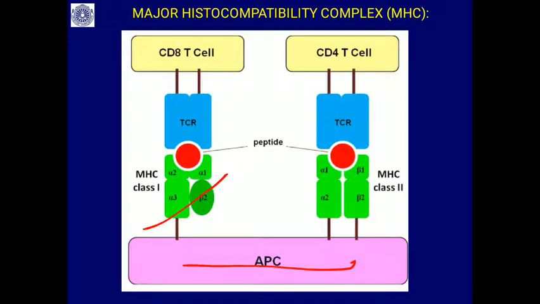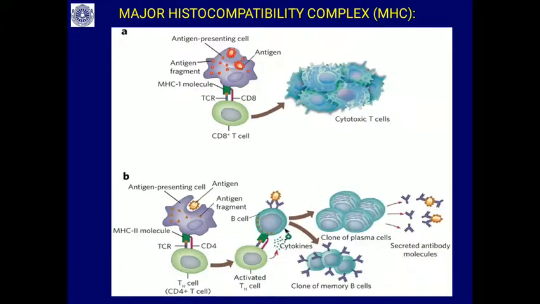These are the MHC molecules, the major histocompatibility complex 1, and this is the 2. The 2 will be recognized by the CD4 T cells or helper T cells. MHC class 1 is recognized by the cytotoxic T cells.